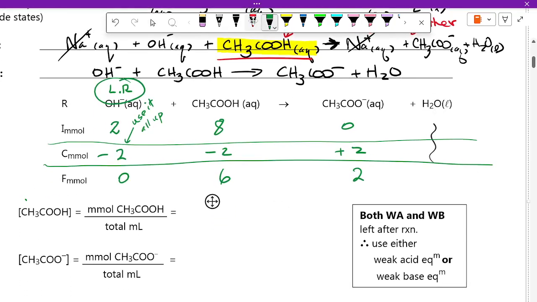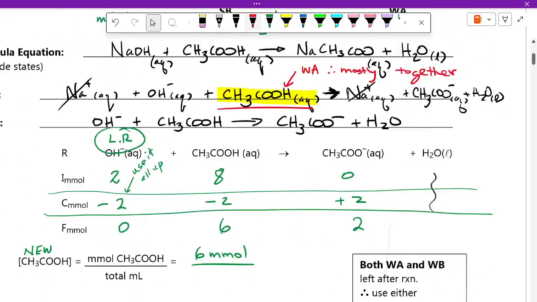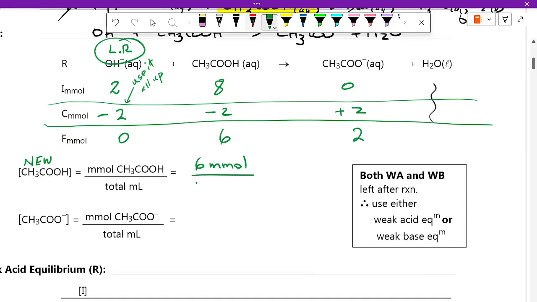So our new concentration of the acetic acid is 6 millimoles over how many milliliters? We got 2 milliliters and 8 milliliters is 10 milliliters. Yes, total volume. 10 milliliters is 0.6 molar.